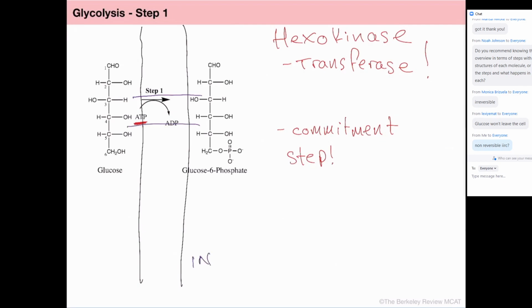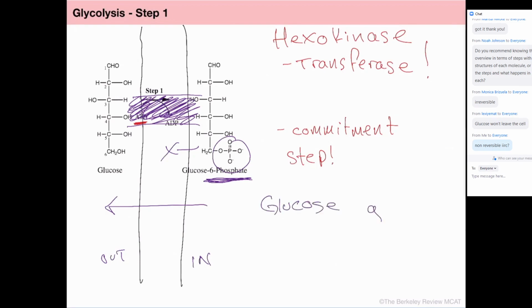So here's in, here's out, by one of these transmembrane proteins specific for glucose. And now once you get glucose into the cell, glucose can still leave the cell unless you phosphorylate glucose. Now all of a sudden there's this big negative charge and glucose, or glucose 6-phosphate, sorry, can no longer leave the cell. Okay, so this is a really important step. Step one is glucose gets trapped in the cell.